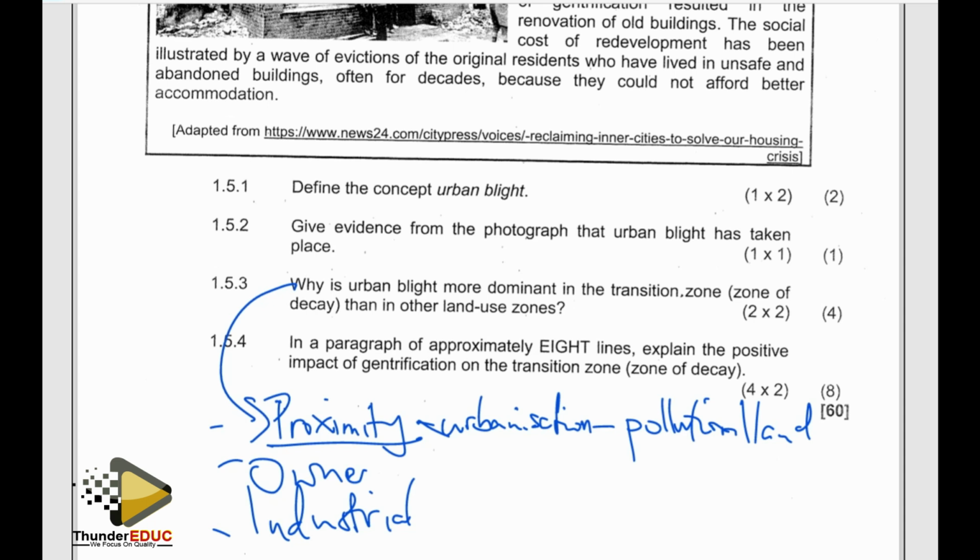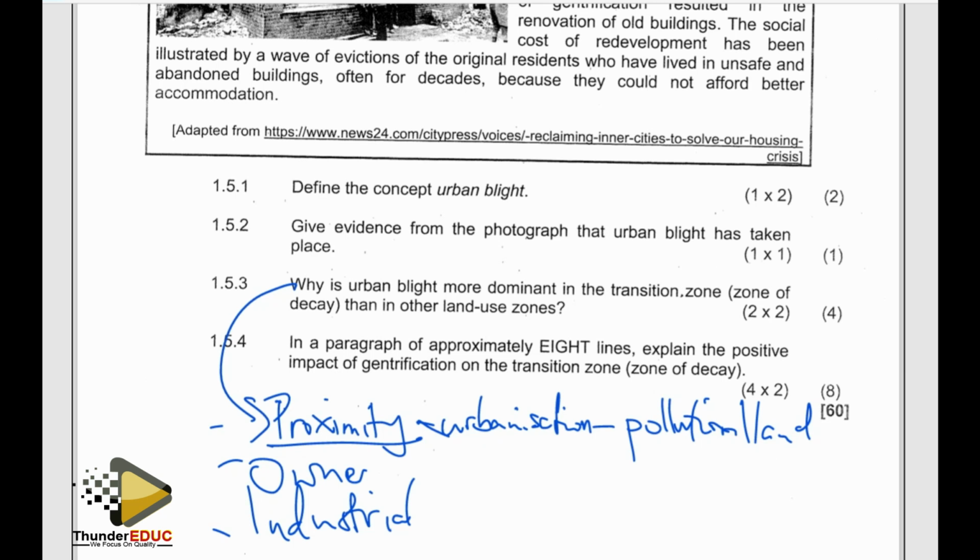And given now that there is industrial decline, if the industries are declining or relocating to some other places, it means those buildings that were previously occupied by the people who were working in the industries are now being abandoned, because the people are also moving following their source of employment. If the company is relocated from that particular settlement, it was the major company which was having people working for it and staying in that zone, and the company is relocated. It means automatically those people cannot be easily replaced, and those buildings will end up being neglected and will end up facing a state of deterioration.